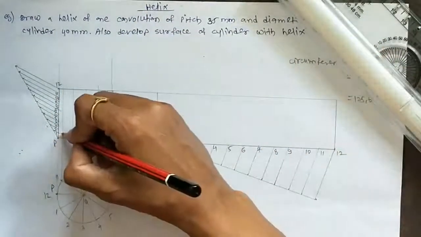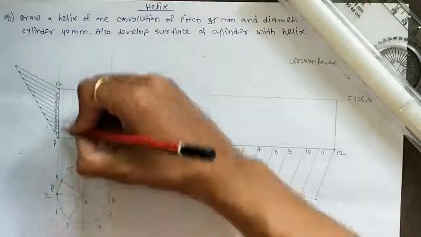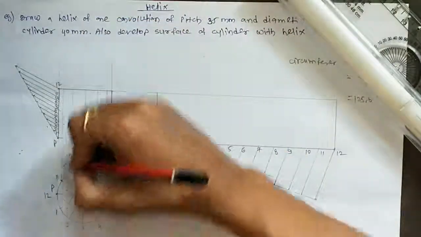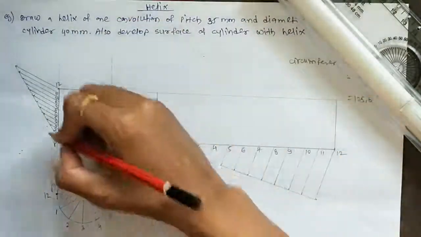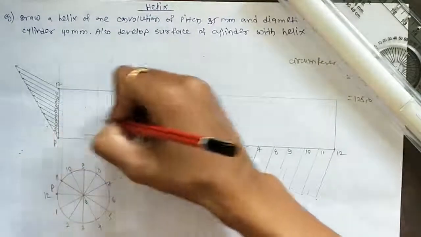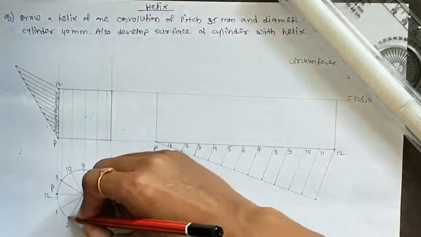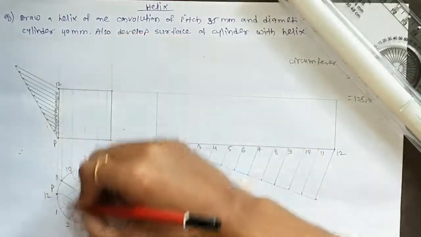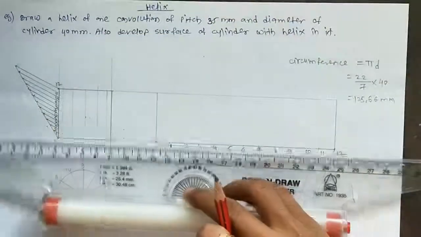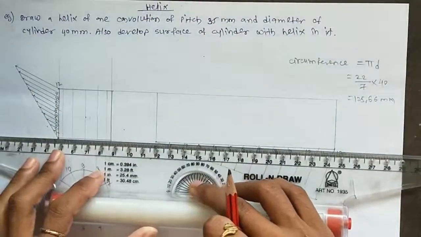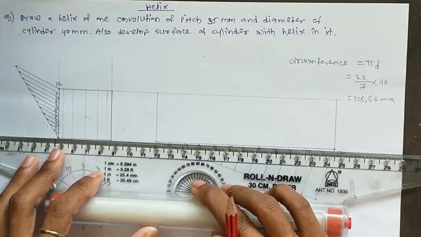So this horizontal line we have to draw up to this vertical line of point 1. Then from 2 take horizontal line up to the vertical line of point 2. So in this way we have to take points.